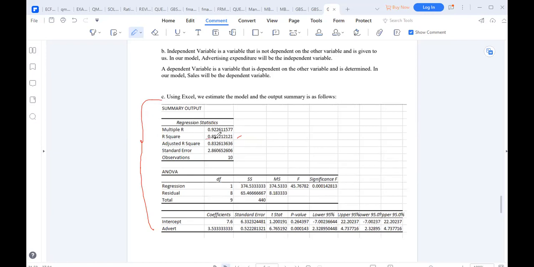Here we've gotten 0.851, which means that 85.1% of the sales are because of advertising. Then our multiple R is positive. It simply tells us that advertising influences sales positively. Are we together on these two R's?